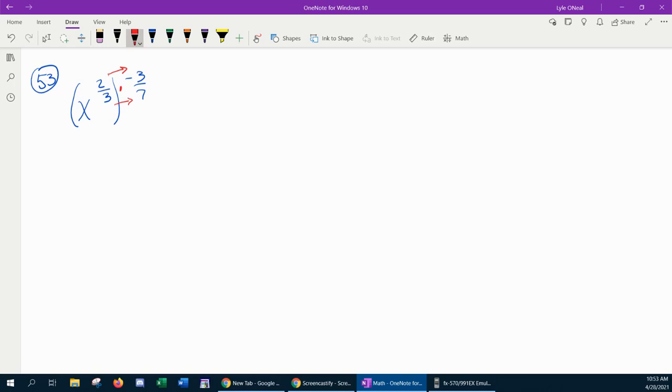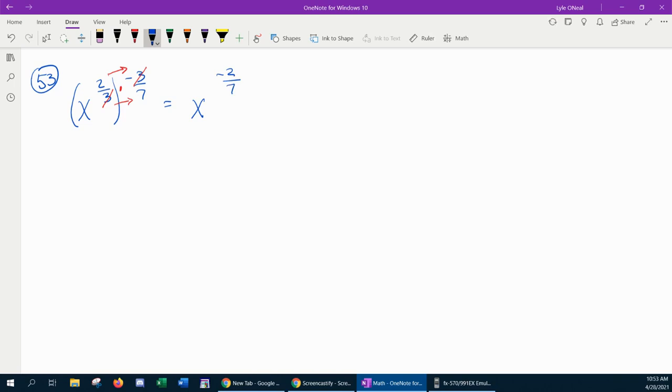And in this case, I notice that I do have a common factor top and bottom, so I'm going to simplify before I multiply. These 3's will cancel. And so that's going to give me x to the negative 2/7.